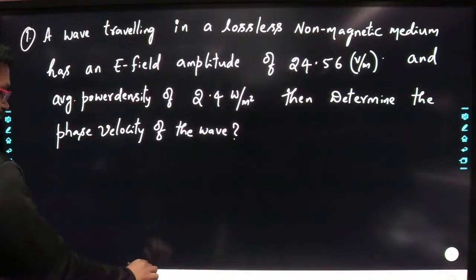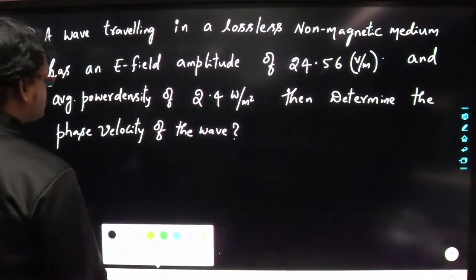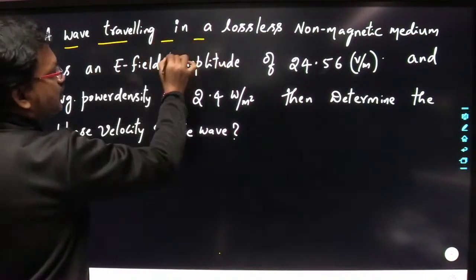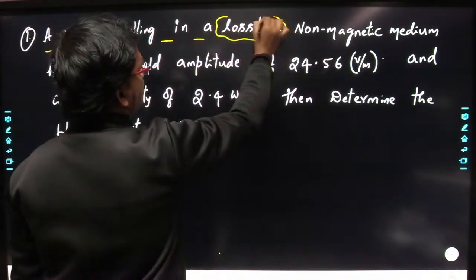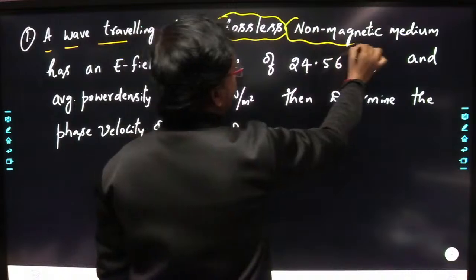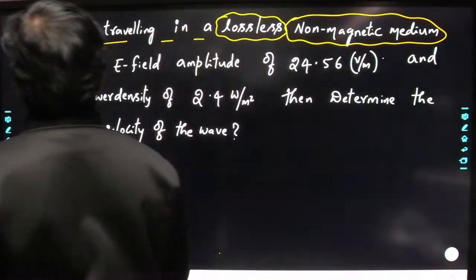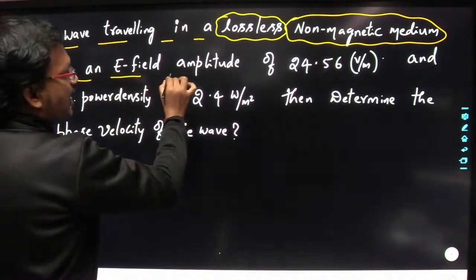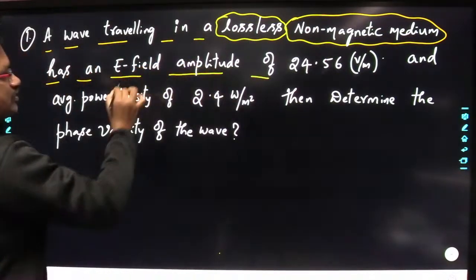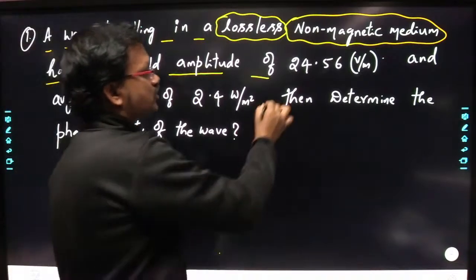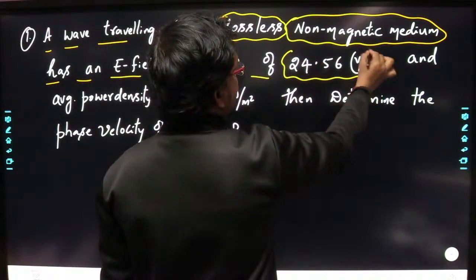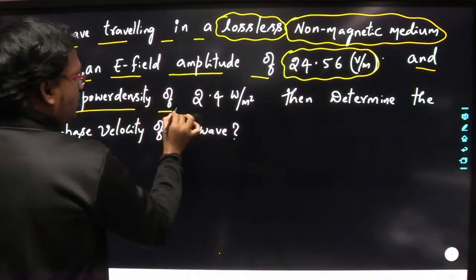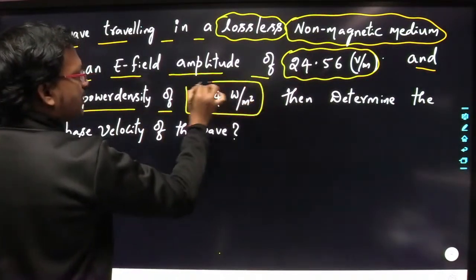So what is the question they are asking here? A wave traveling in a lossless non-magnetic medium has an electric field amplitude of what? That means they have given the amplitude of electric field, 24.56 volt per meter, and average power density of 2.4 watt per meter square.